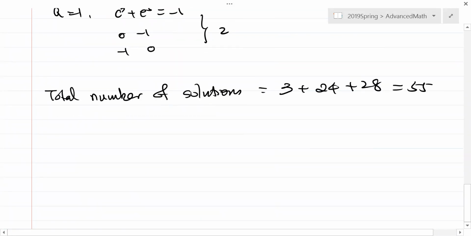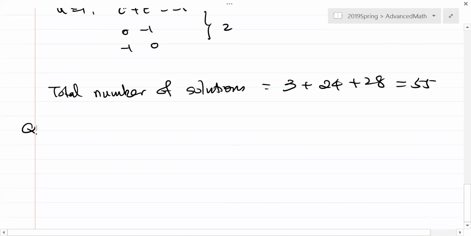Now here's a similar problem. Here's a for instance problem here. Let's see.